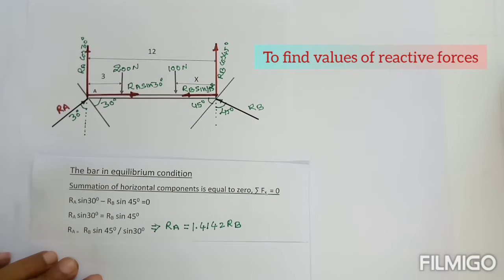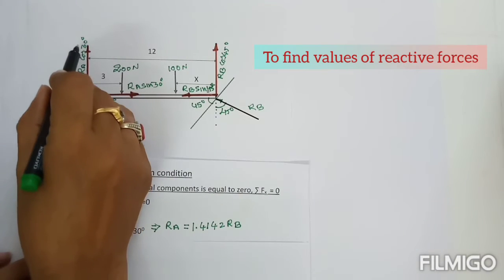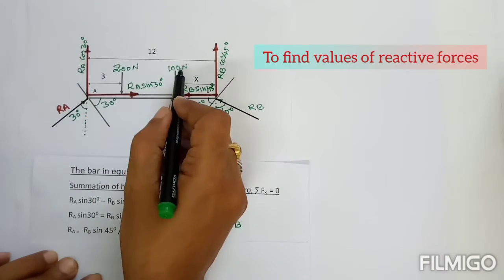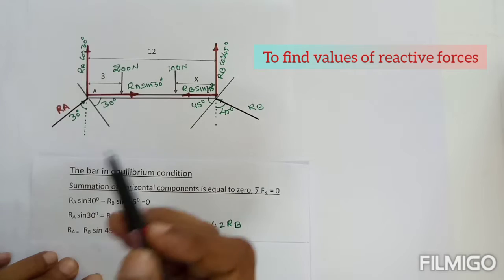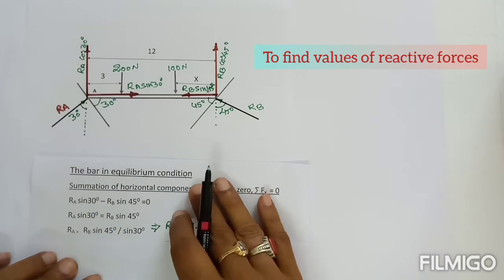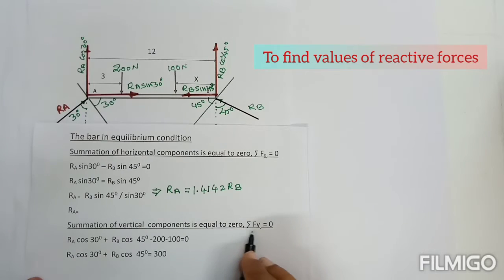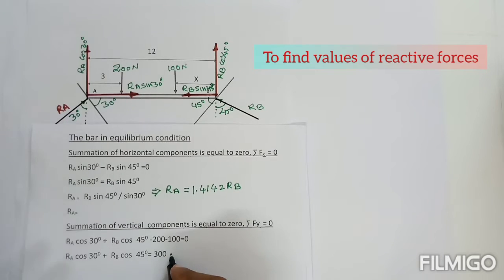As we are considering upward forces as positive and downward forces as negative, then RA cos 30 plus RB cos 45 minus 200 minus 100 is equal to 0, as we are considering the equilibrium condition. Summation of vertical components is equal to 0, that is RA cos 30 plus RB cos 45 minus 200 minus 100 is equal to 0. RA cos 30 degrees plus RB cos 45 degrees is equal to 300.